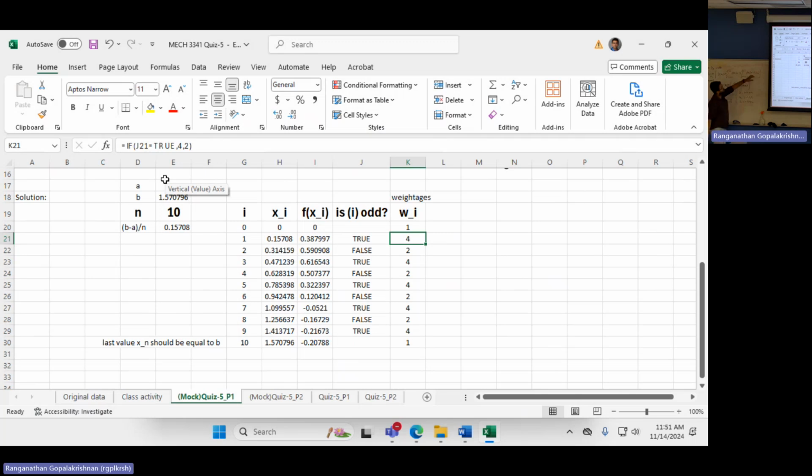So if you look here, here's the syntax. At the top here, there's the syntax for the weightage.